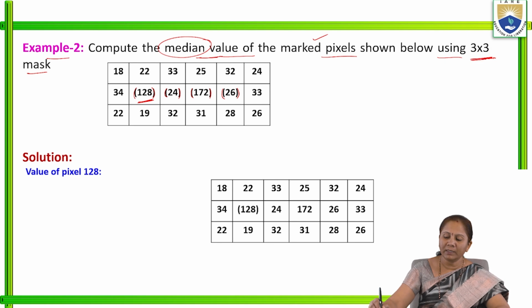If you apply this 3 by 3 mask in order to apply the median value, we also have to see that this marked pixel should be the center pixel. So this is how we have to select the pixel, and the mask should be placed on it.